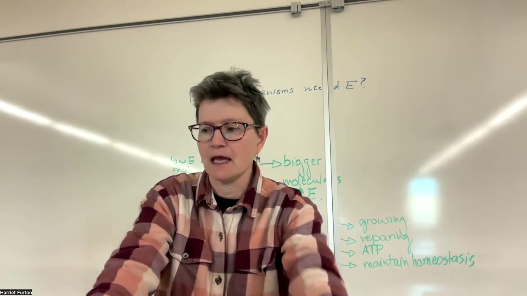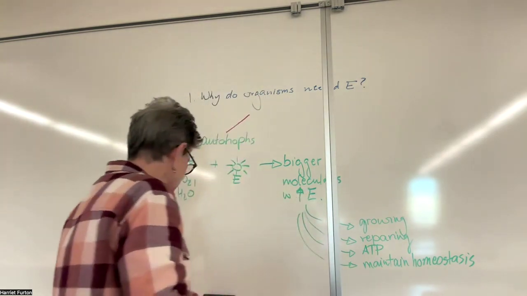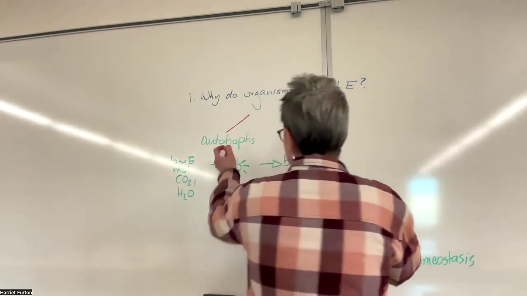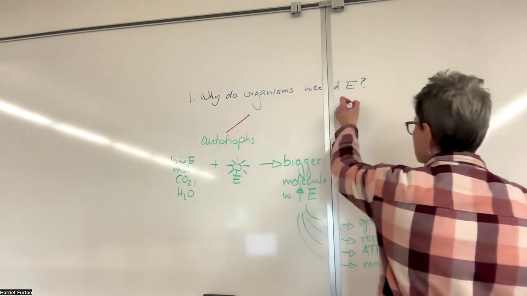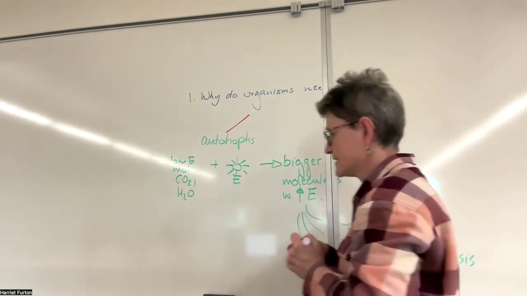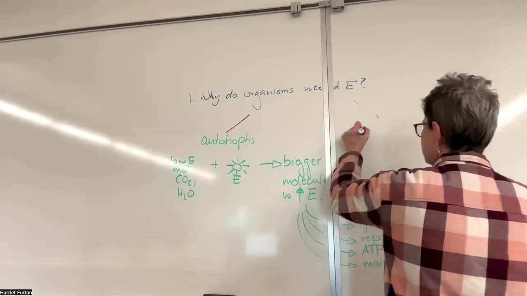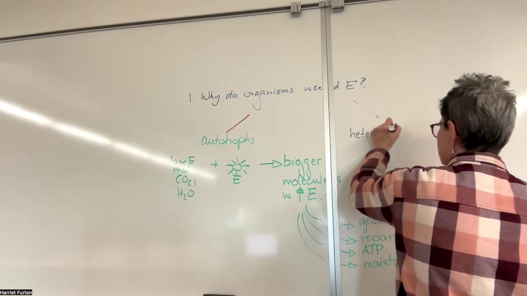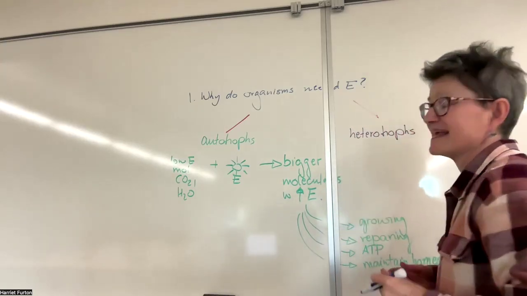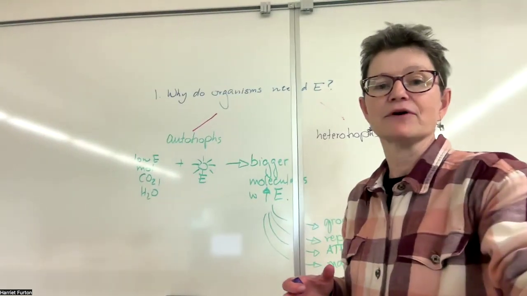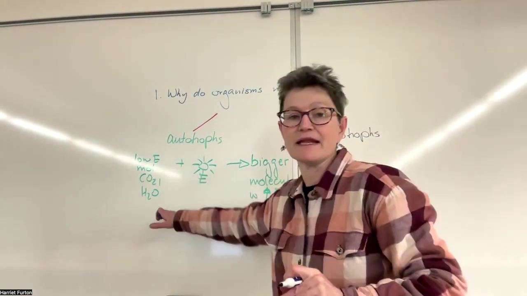Now, let's see what is happening with the autotrophs. We checked that, and now let's check the heterotrophs. The ones that cannot make their organic material out of inorganic material.